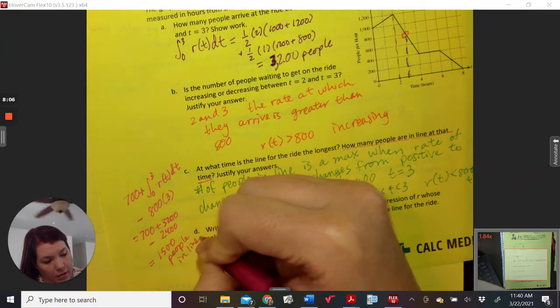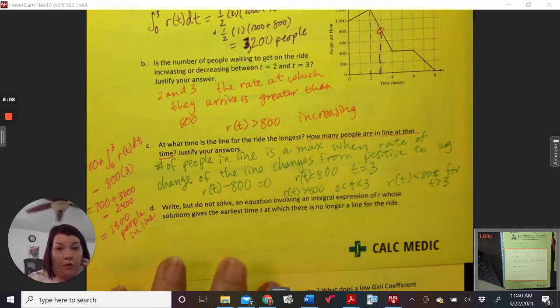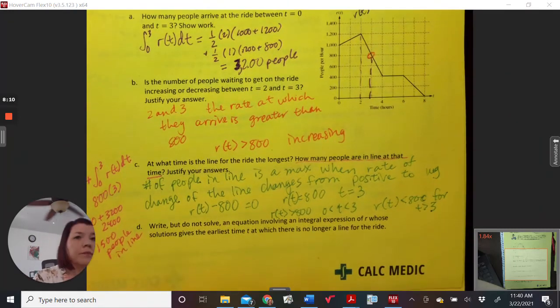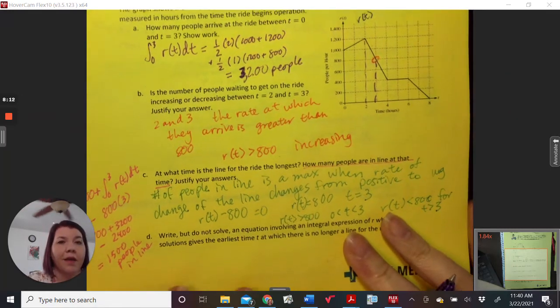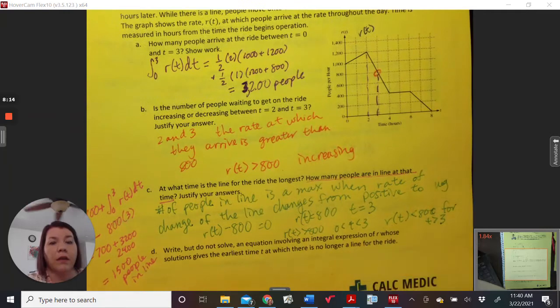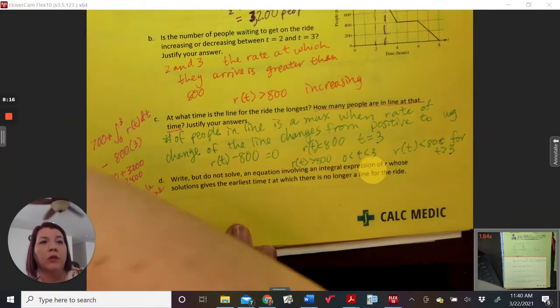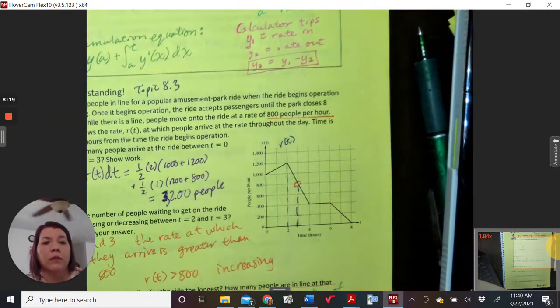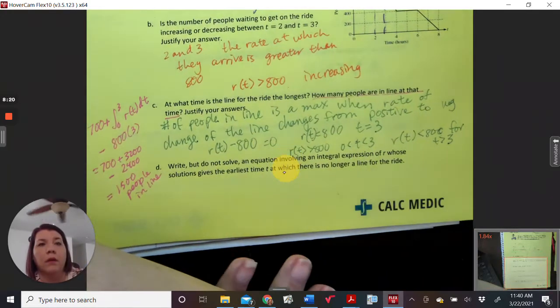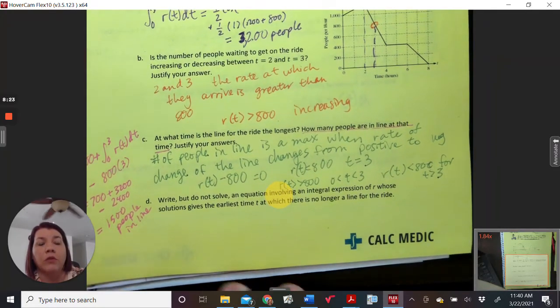Okay. Write but do not solve. Yay, my favorite. An equation involving an integral expression of R whose solutions give the earliest time at which there's no longer a line for the ride.